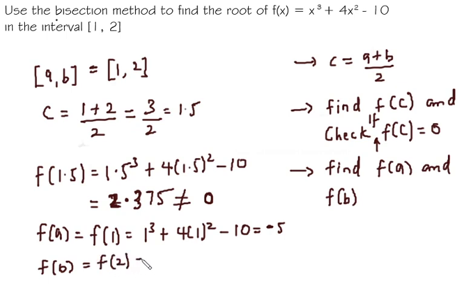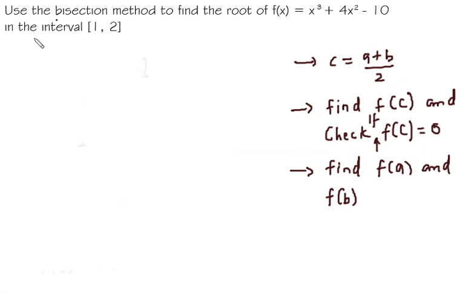So this is equal to 14. So we've gotten our f of a and f of b. Let's clean up space for more analysis. Put our f of a as equal to minus 5, and our f of b as equal to 14.